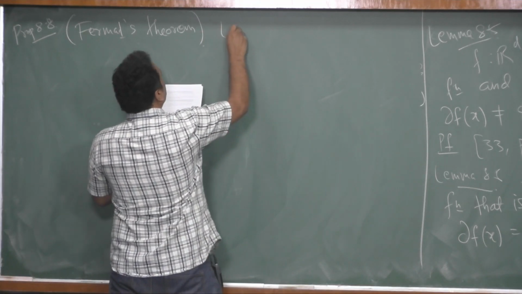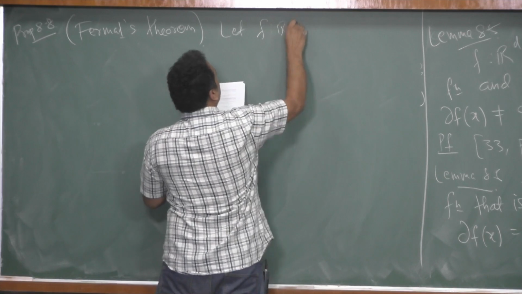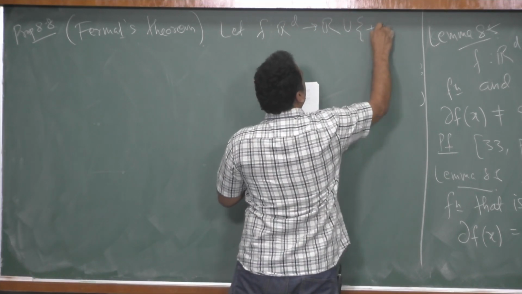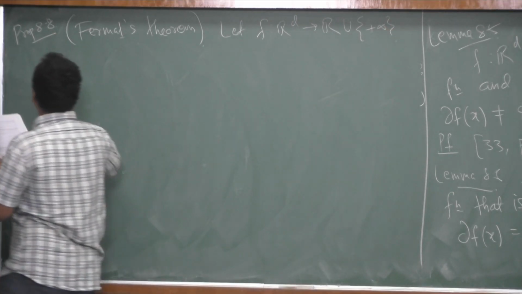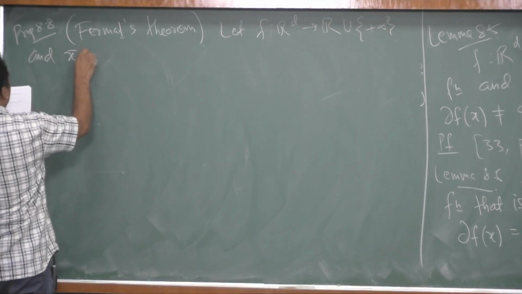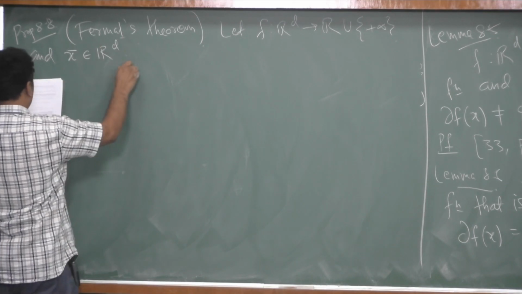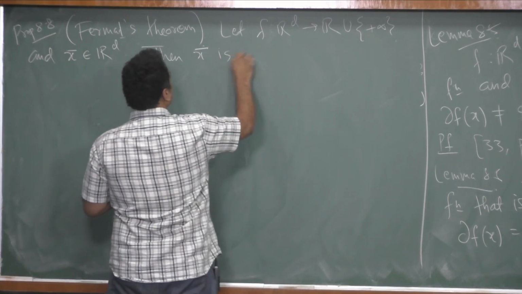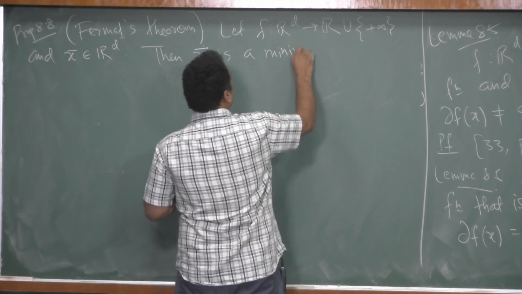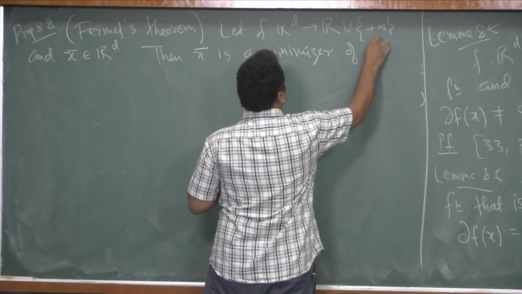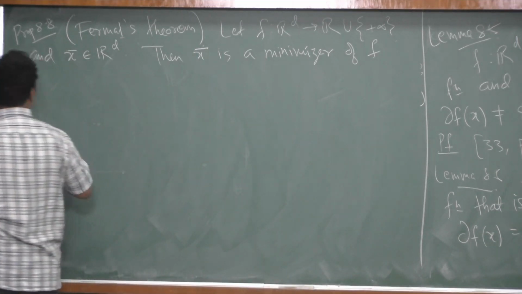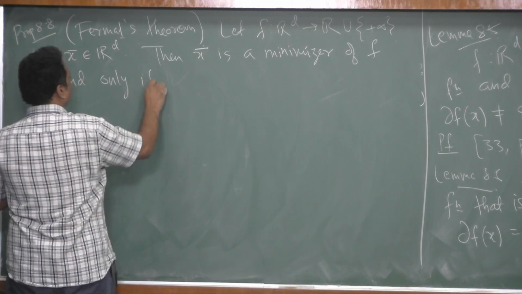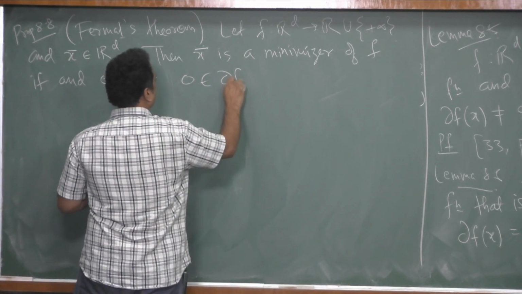So let f from R^d to R union plus infinity and x bar in R^d. Then x bar is a minimizer of f if and only if 0 belongs to the subdifferential.